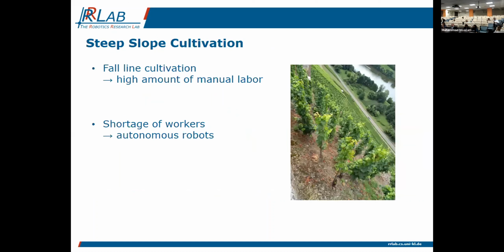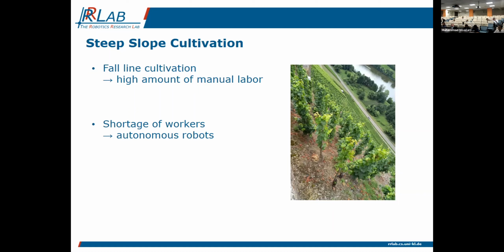Therefore, I will shortly introduce the steep slope cultivation itself. In steep slope cultivation, you have so-called fall line cultivation. That means the vines are planted in the direction of the slope, and because of the high inclination, it's not possible to do this with a normal standard tractor which drives in horizontal vineyards.